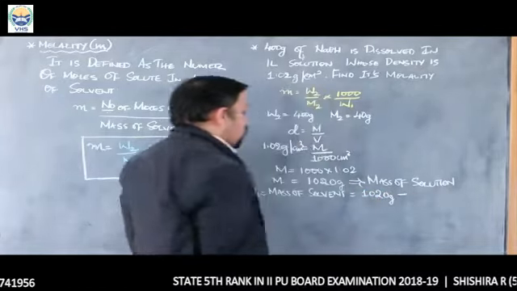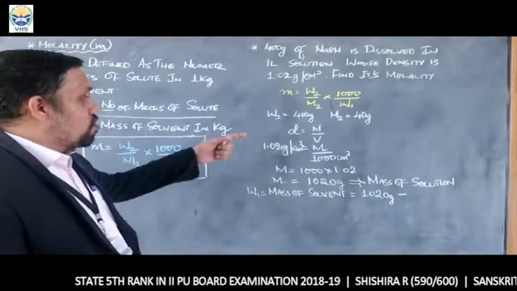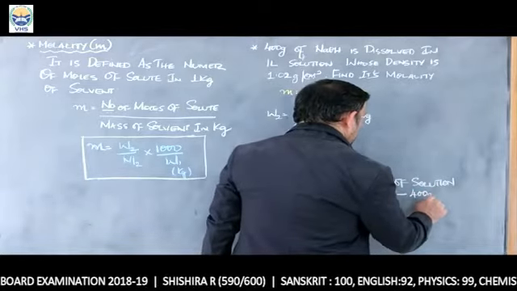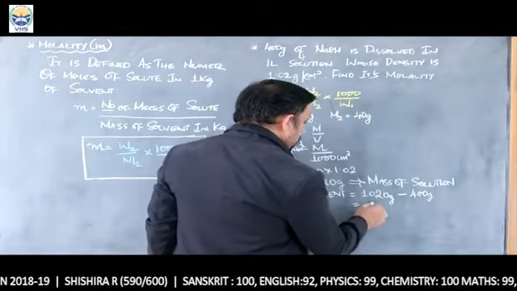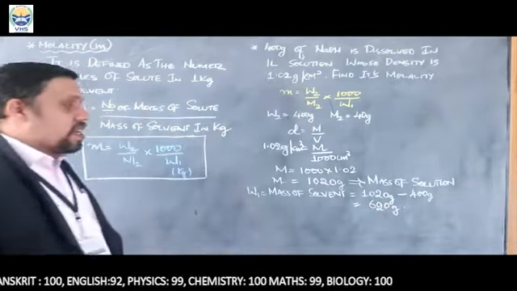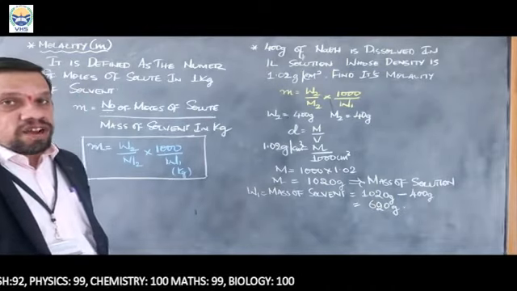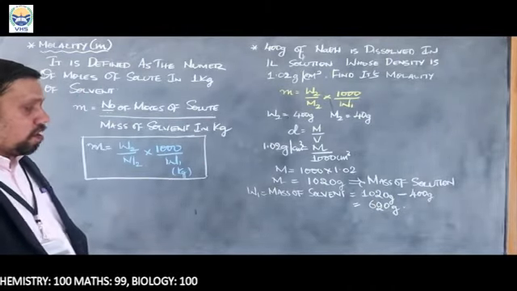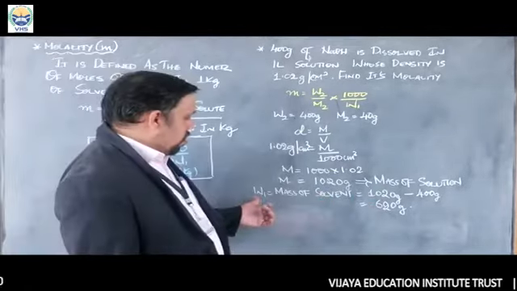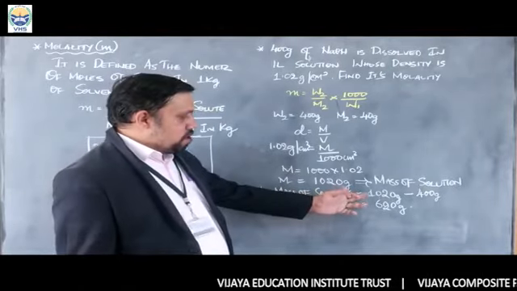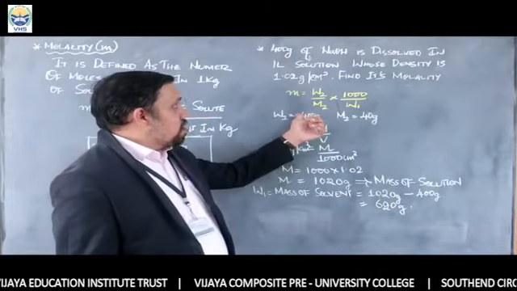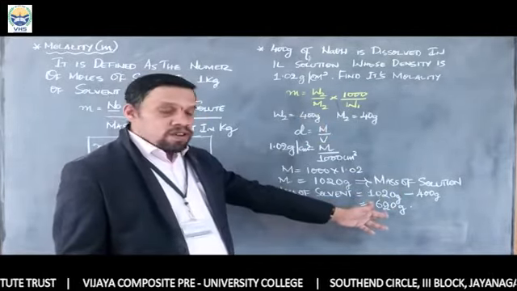Minus the solute that I have added, 400 grams. So 1020 minus 400 will be 620 grams. So W1 is the mass of the solvent, 620 grams.